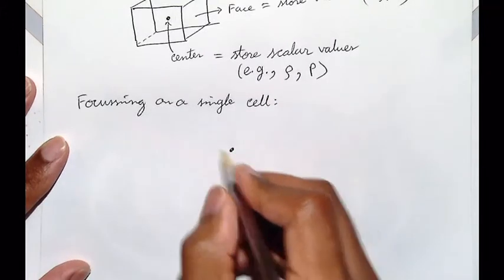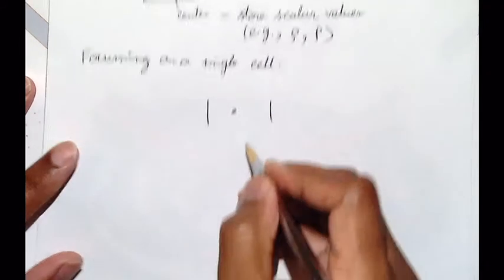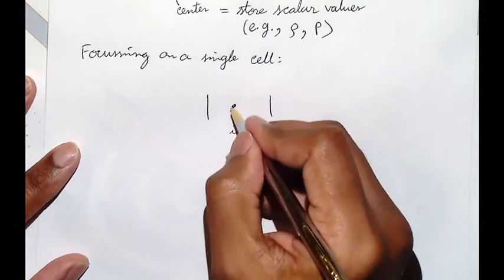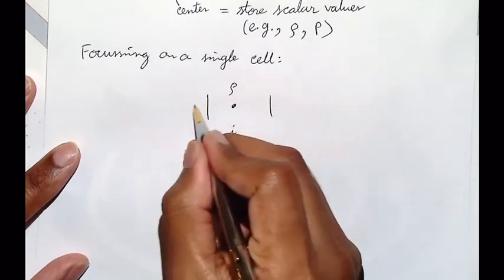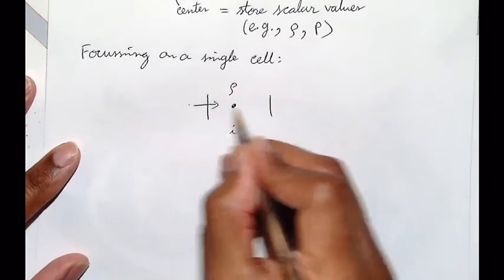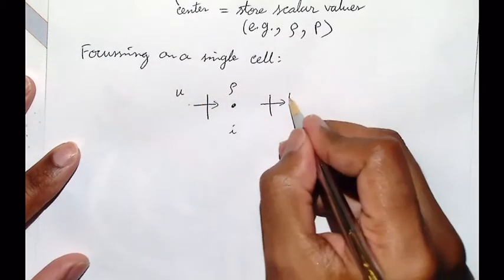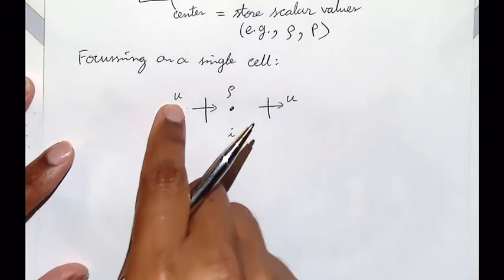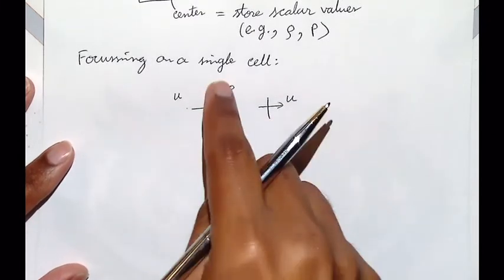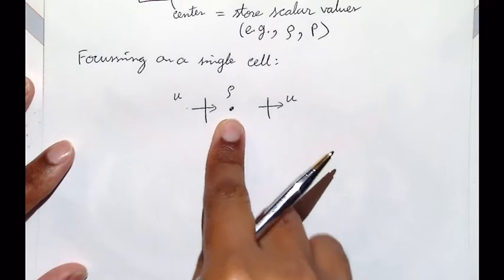Okay, so let's say we have rho stored here. And we know U. Remember, all the U's are stored at the faces and the rhos are stored at the center.